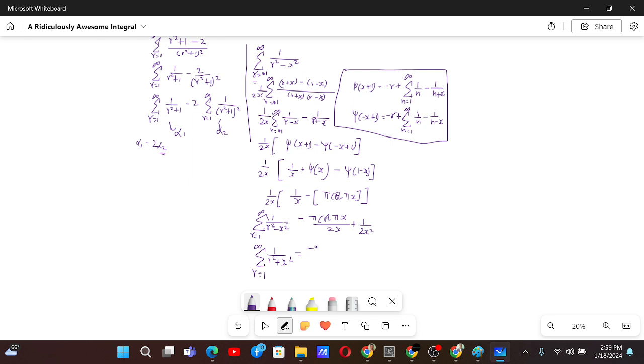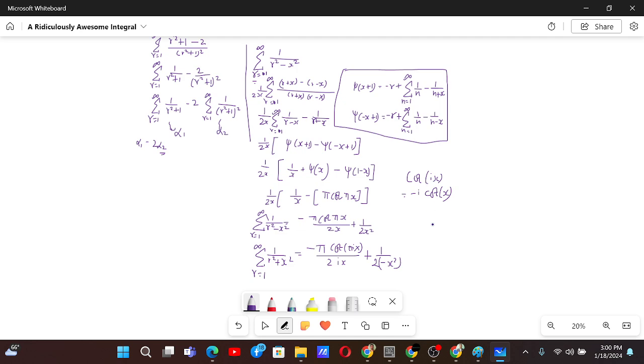So we also substitute over here: pi cot of pi ix by 2ix, plus 1 by 2 i square, which is minus 1, so minus x square. And now cot of ix is minus i cot of x.